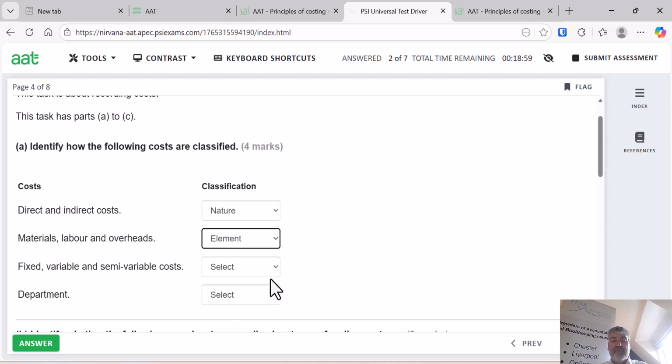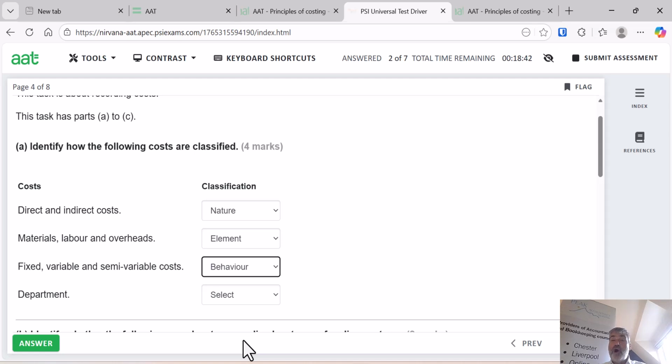Now, fixed, variable and semi-variable costs, we are looking at classifying costs by their behaviour. How are those costs going to change depending on what we're doing, depending on our level of operation?